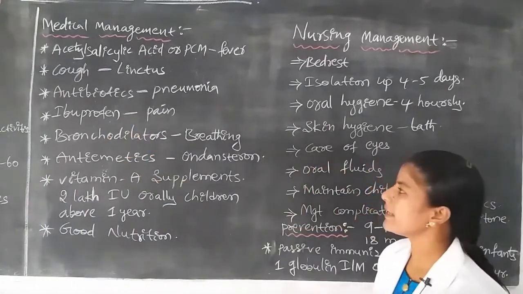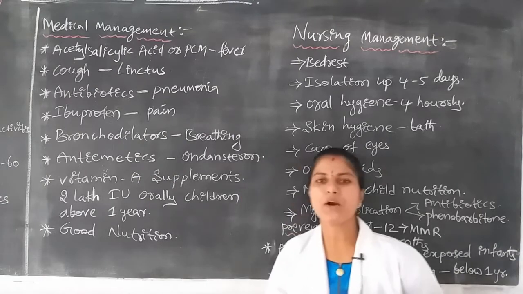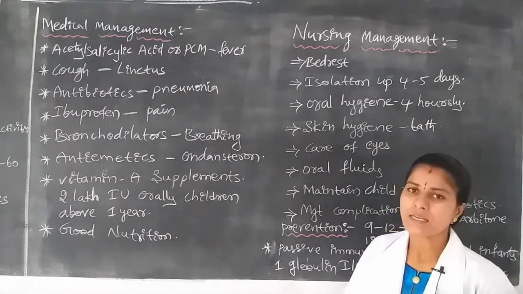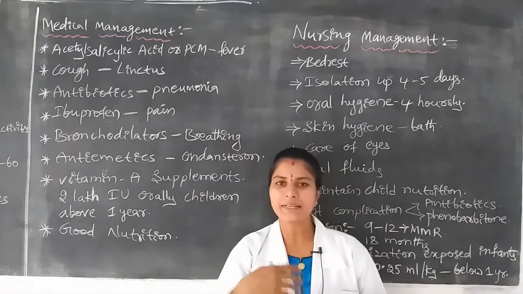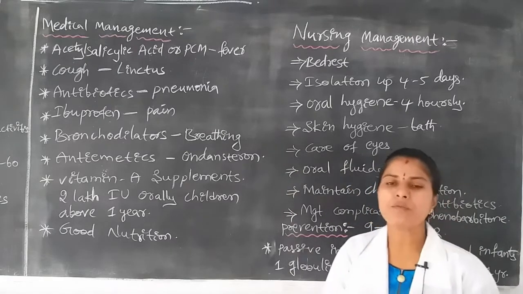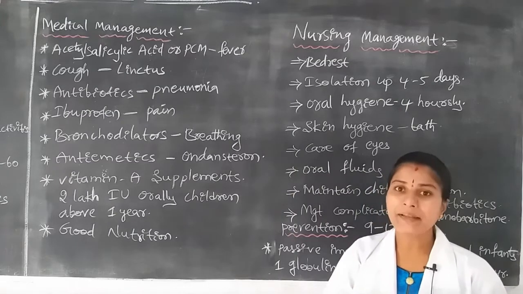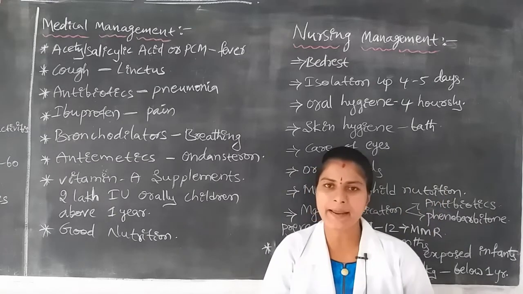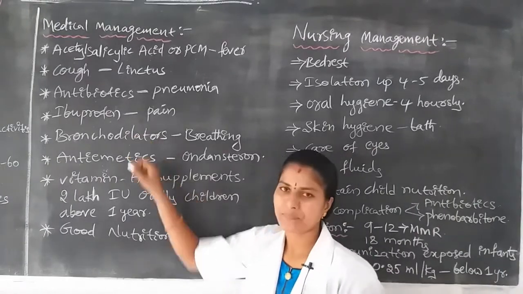Next, we have to administer bronchodilators. Why? One symptom is there, the children are suffering with breathing difficulty. For control of breathing difficulty, for relief of breathing, for maintenance of normal breathing in the children, we have to administer the bronchodilators.